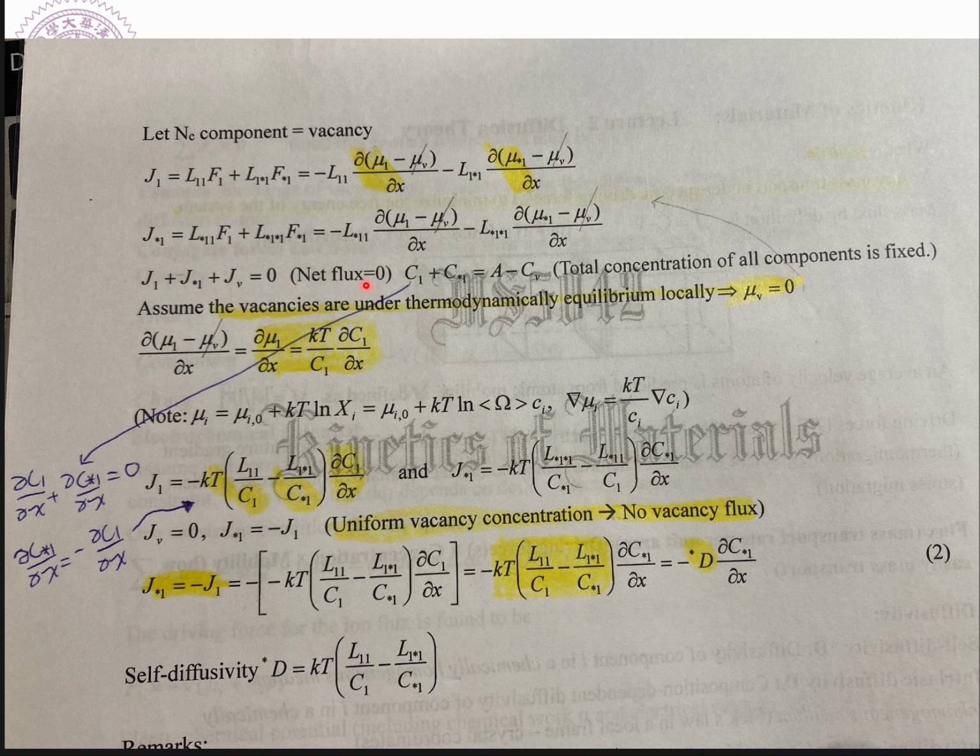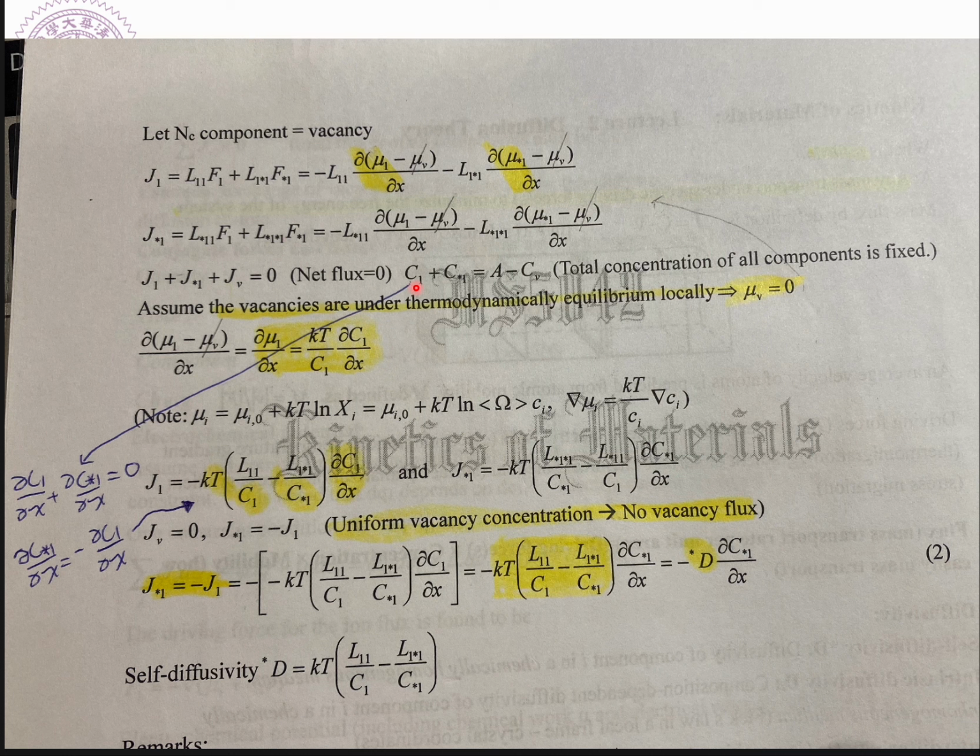Net flux equals 0, so the flux of atom component 1 plus the flux of radioisotope 1 plus the vacancy flux equals 0. And the concentration of component 1 plus the concentration of radioisotope 1 plus the concentration of vacancy equals a constant, because the total concentration of all components should be fixed, right?